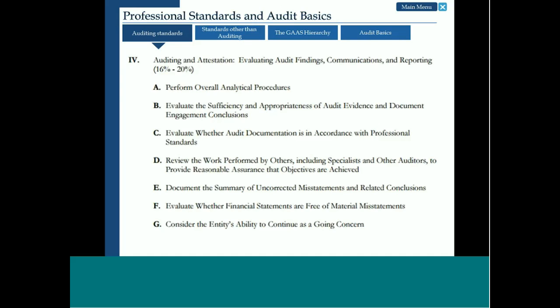So this section, unit 4, is more towards drafting the audit reports and communicating to the proper person or the proper management. We'll understand that part in this. The evaluating audit findings, communications and reporting fall under this subunit 4.